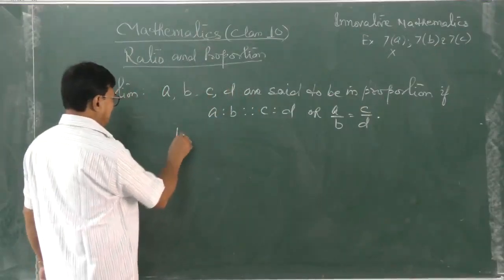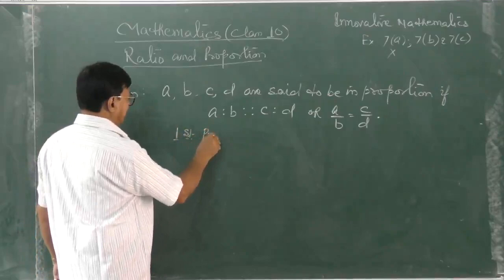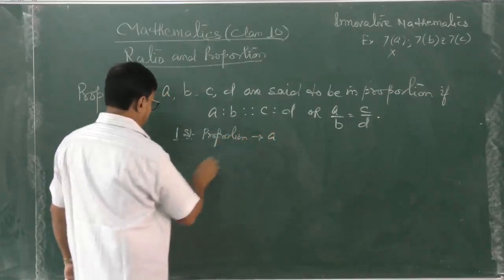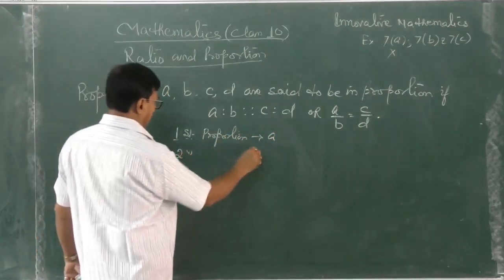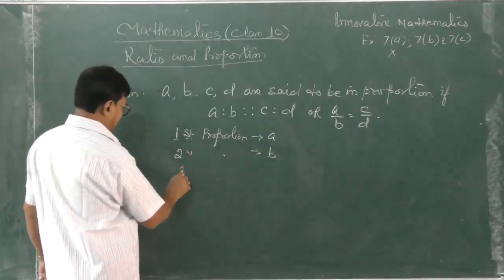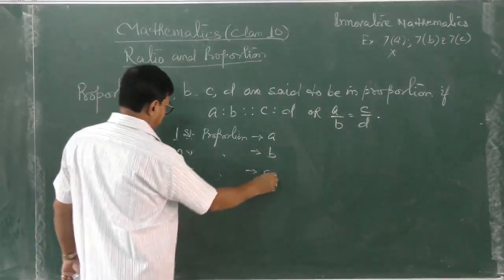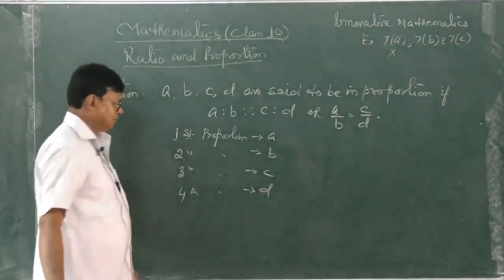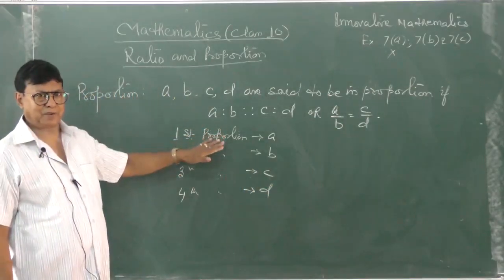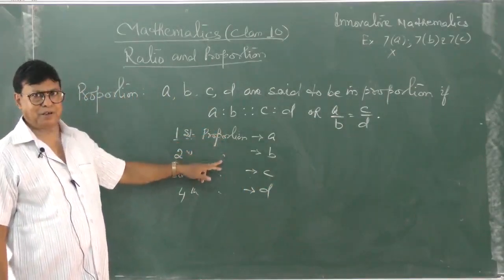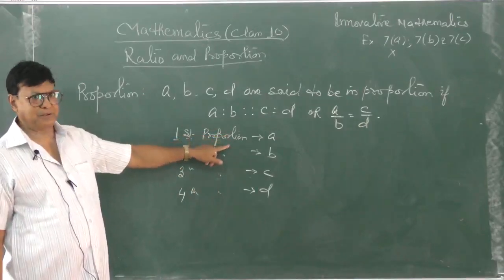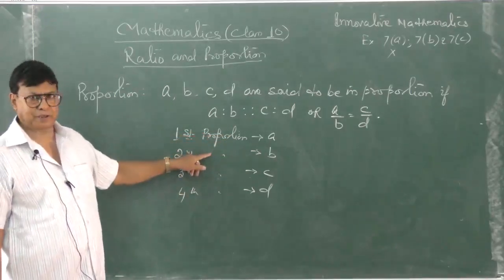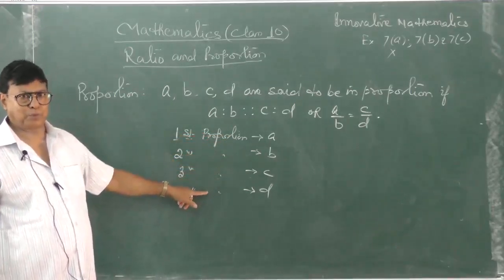There are four numbers, so we classify them as: A is the first proportional, second is B, third is C, and D is the fourth proportional. So in order A, B, C, D, such that ratio of A and B is equal to ratio of C and D, then they are in proportion, and they are called first, second, third and fourth proportional.